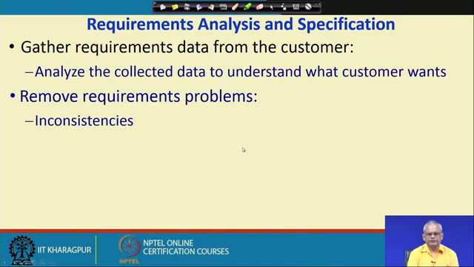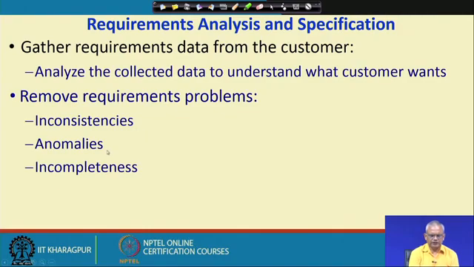We identify if there are problems in the requirements, but what sort of problems can be there in a requirement? There are three main types of problems that normally exist in gathered requirements: inconsistency, anomaly, and incompleteness. Inconsistency means that one part of the requirement contradicts some other part of the requirement.